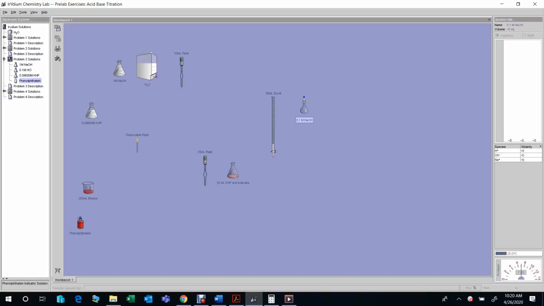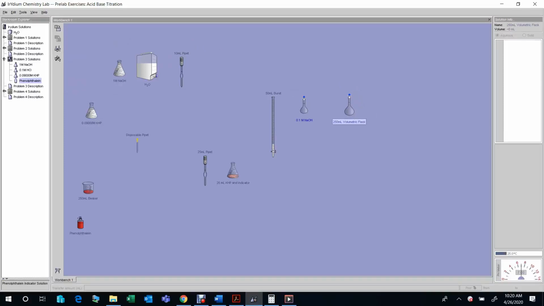At the beginning, maybe we need to use a 250 milliliter volumetric flask. So we should prepare more at the beginning.